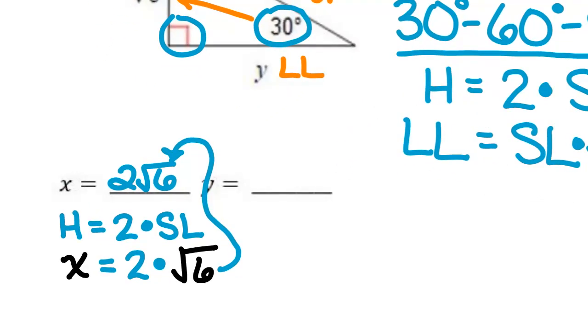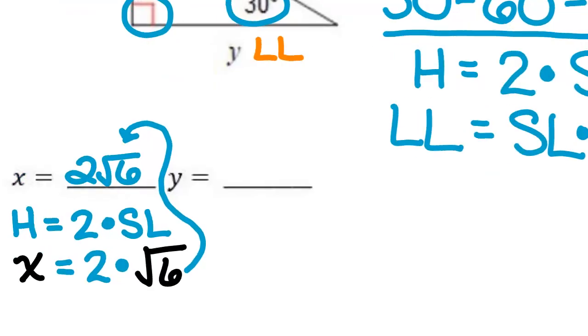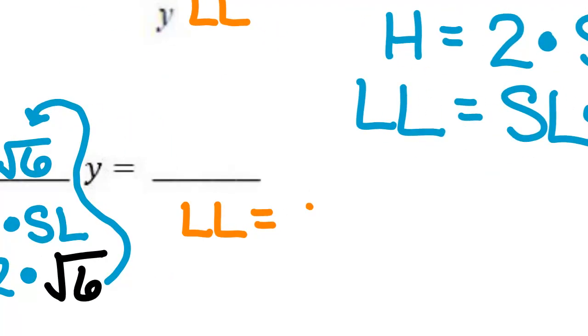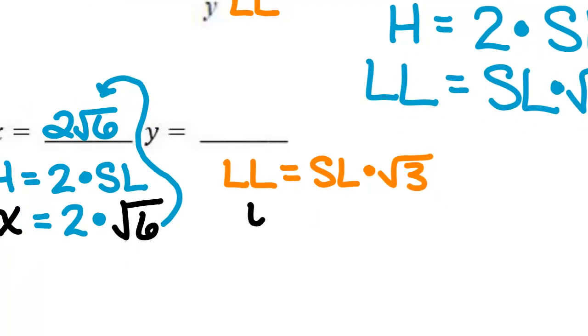All right. So we still need to find y here. Y is my long leg. Our rule for long leg is long leg equals short leg times radical 3. So the long leg is y. The short leg is radical 6 times radical 3.